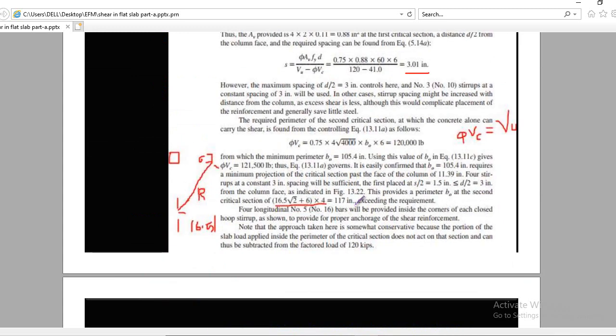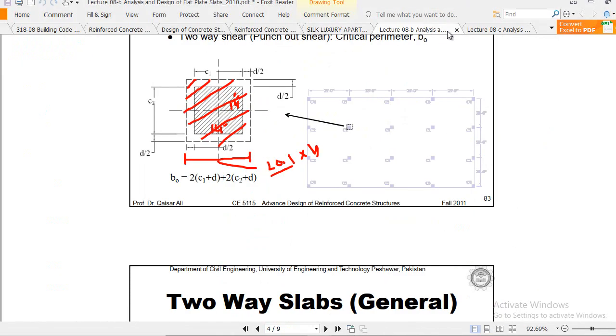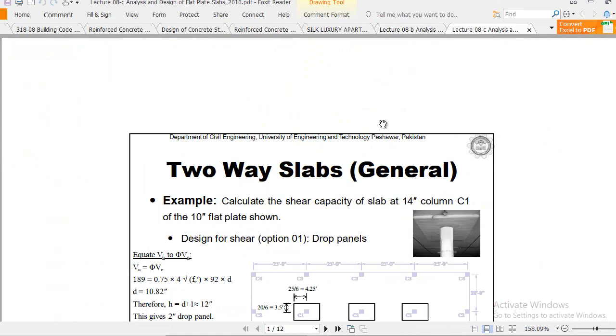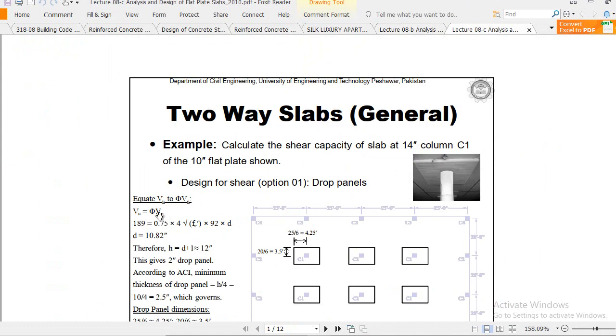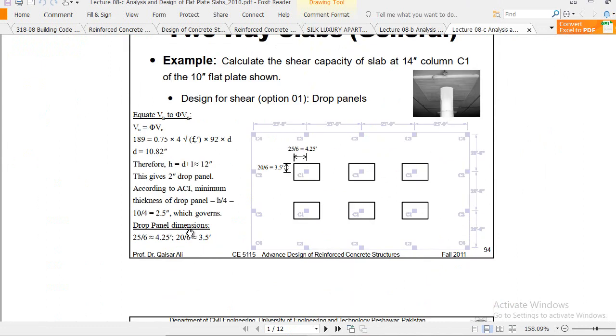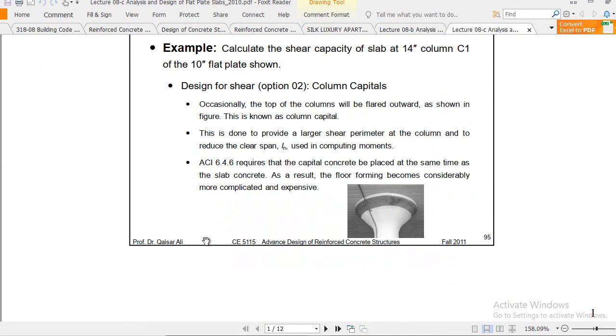Then in this case we have to find out b naught. How to find out b naught I already explained in those lectures, and it is also available: you have to equate Vu with phi Vc, and from this you will be able to find your b naught. Clear?